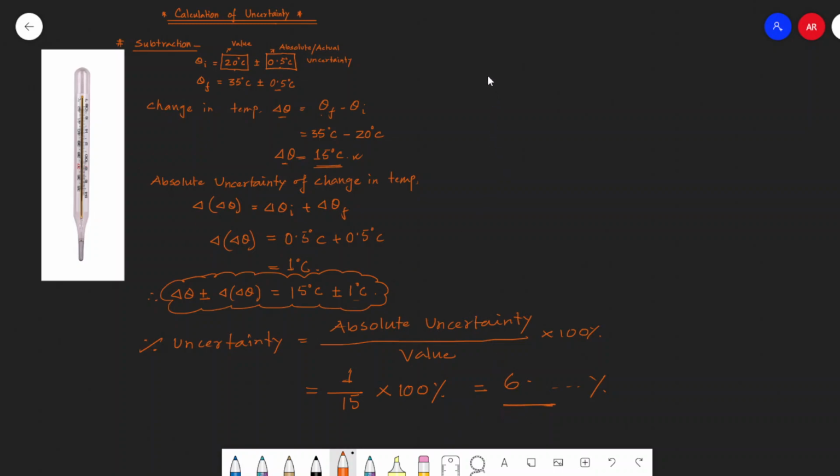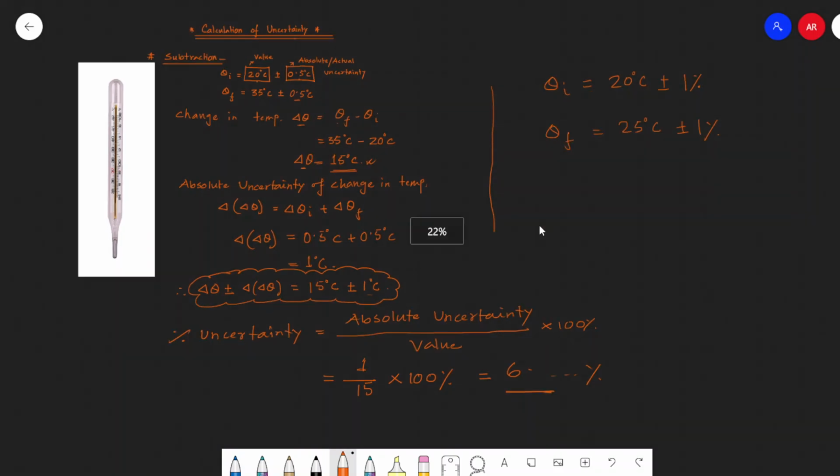Now if the values are not given in terms of the absolute uncertainty, rather it is given in terms of the percentage uncertainty, say for an example, say theta I is 20 degrees Celsius plus minus 1%, and theta F is 25 degrees Celsius plus minus 1%. Then how to find out the change in temperature with its absolute uncertainty?